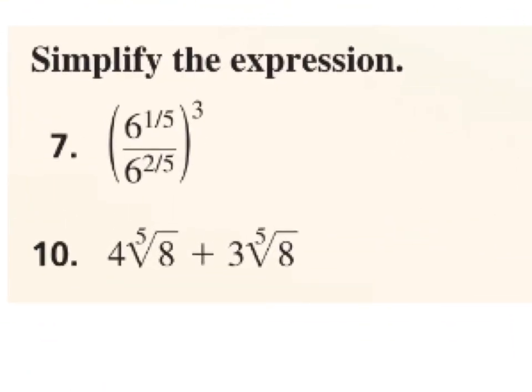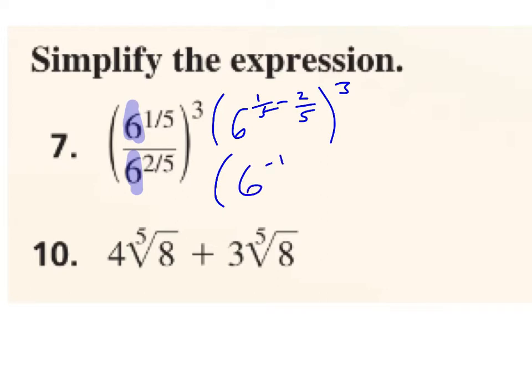How do we simplify? Perfect. Our exponents have the same base, and we're dividing, so we can just subtract. So we have 6 to the 1/5 minus 2/5, but everything is still cubed. So let's subtract first. What's 1/5 minus 2/5?